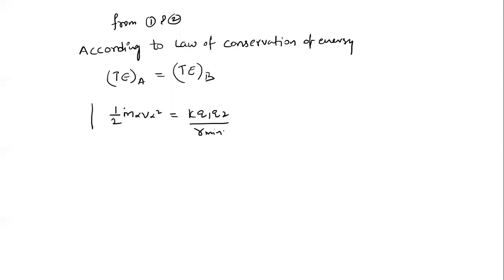So this is the formula to find the distance of closest approach of an alpha particle towards any nucleus.